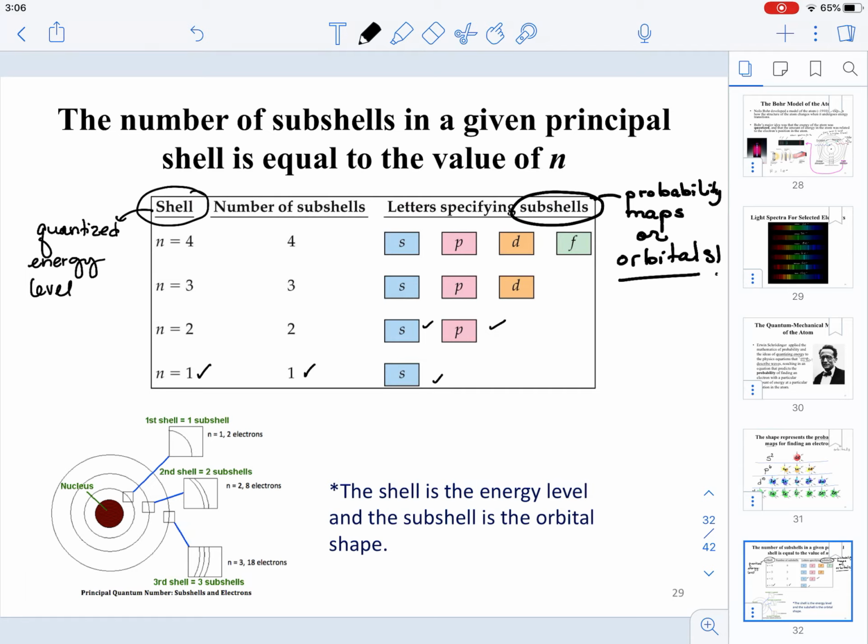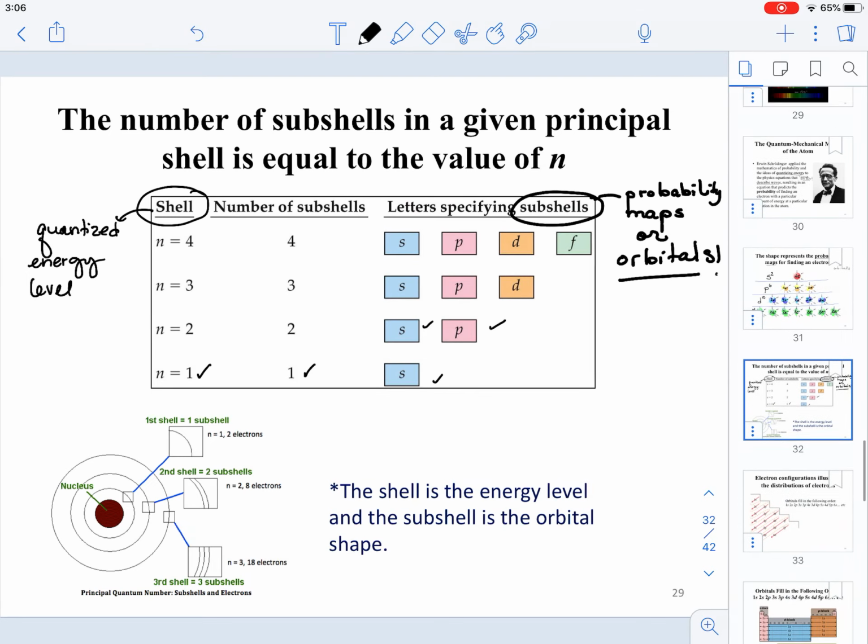So this trend, where the shell number tells you how many subshells, only applies to the first shell through the 4th shell. 5, 6, and 7 have different numbers of subshells. Understand that the shell number is the energy level, and the subshell is the orbital shape. That's what I mentioned previously.